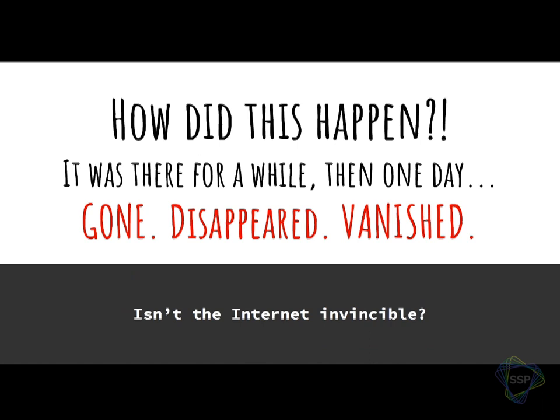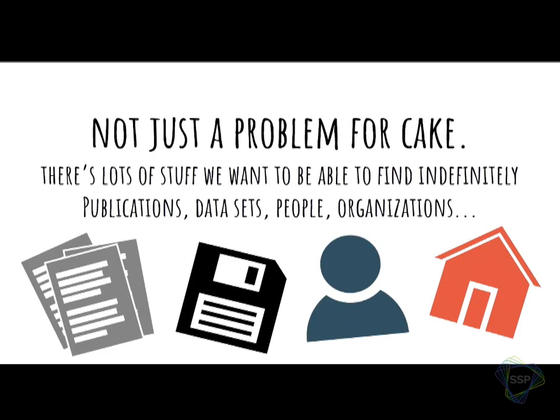So things on the internet change places, they come and go, they change names, just like things in real life do. And this is not just a problem for cake. So we have lots of stuff that we want to be able to find indefinitely. In scholarly publishing, we have things like publications and data sets.